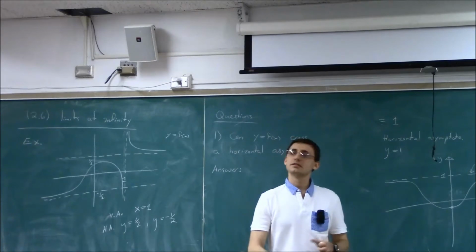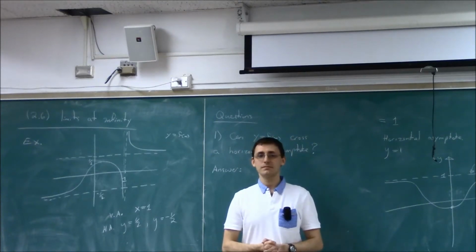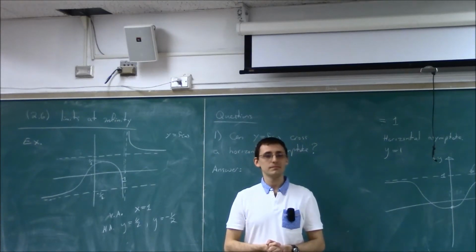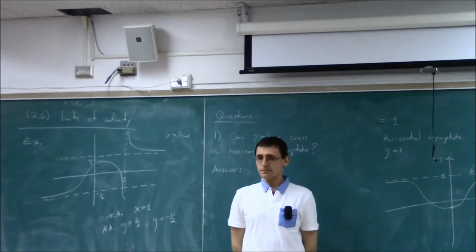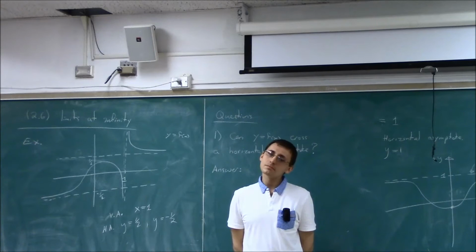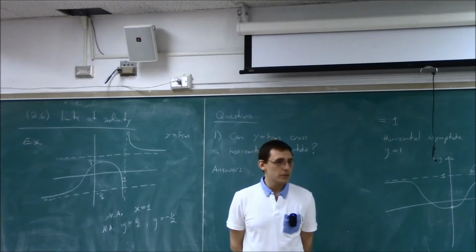Suppose a function approaches to the right from the origin, the y value is getting to some number, but it's not. So the function looks like this. Okay, I see your picture. Nice.